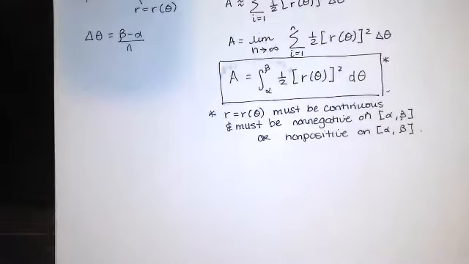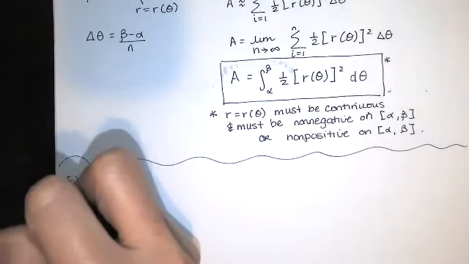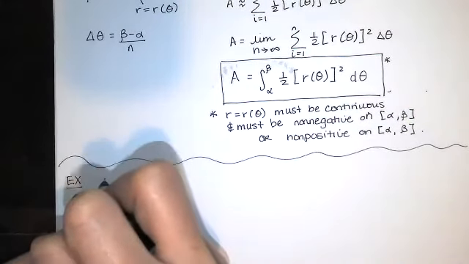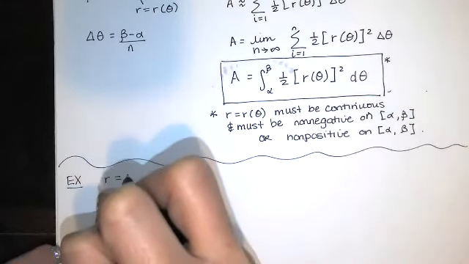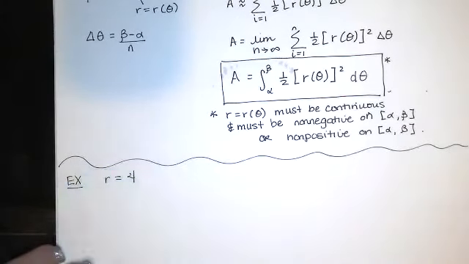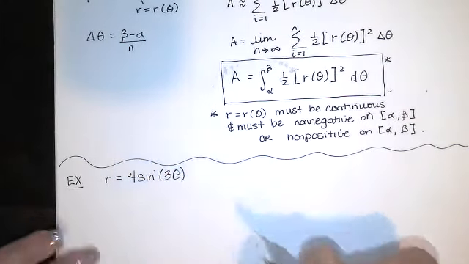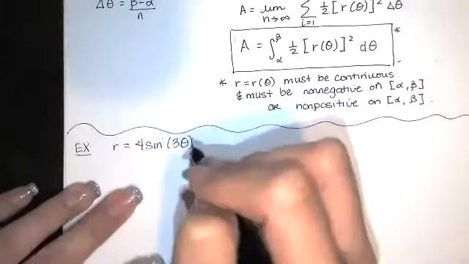So let's do an example. Let's say you're given that r is equal to 3 times, or sorry, I wrote 3. I said 3 and I wrote 4. 4 times sine of 3 theta. This is a rose curve.